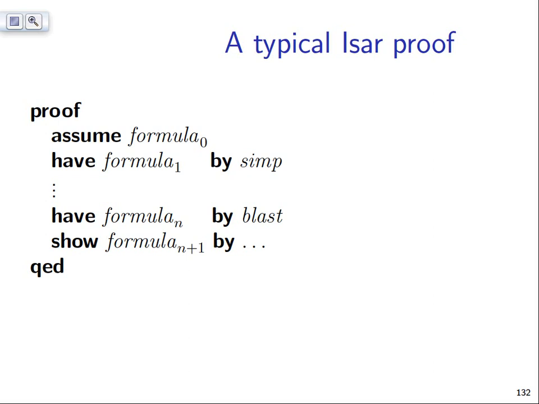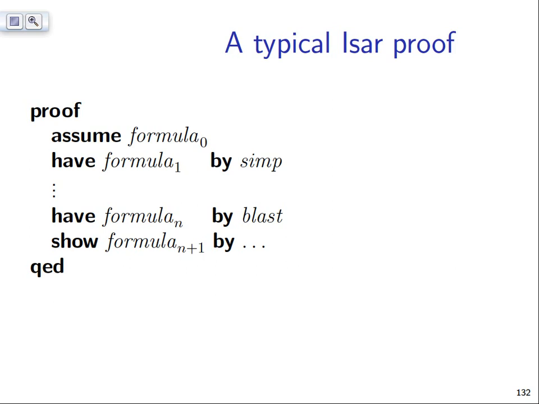So this is what a typical Isar proof looks like. It's a block-structured thing, and it's enclosed in proof and QED, and in between you have a sequence of steps, and typically you start with some assumptions that you make, and then you have some intermediate steps that use the keyword have, and then you have a final result of your block.